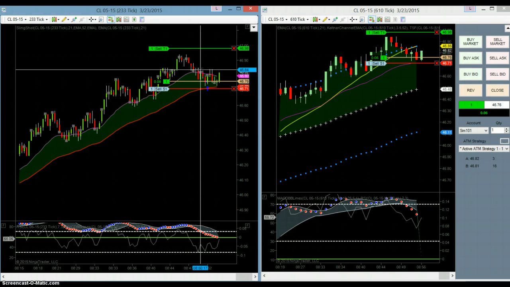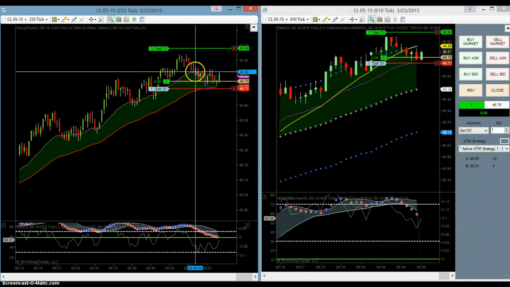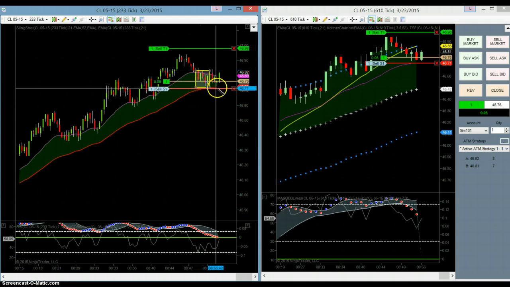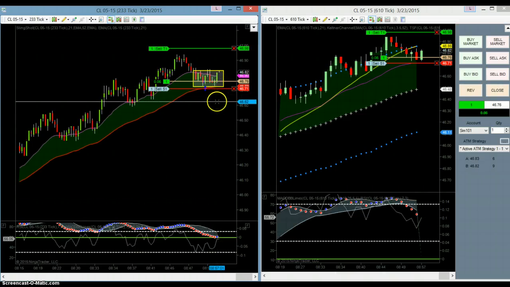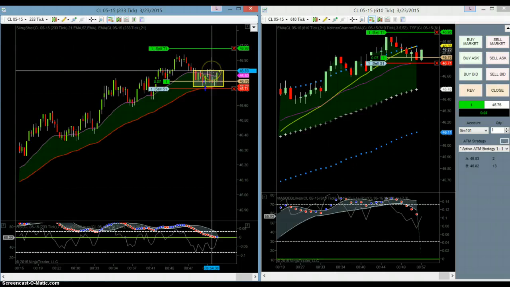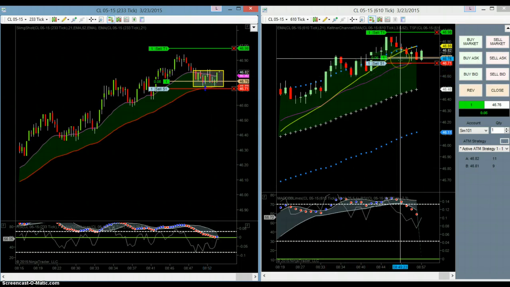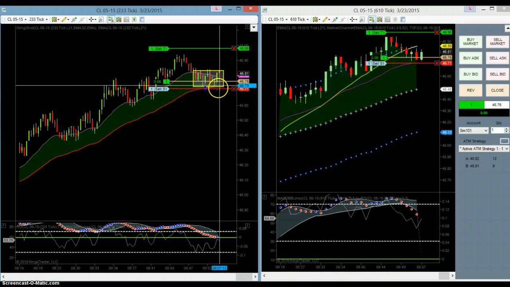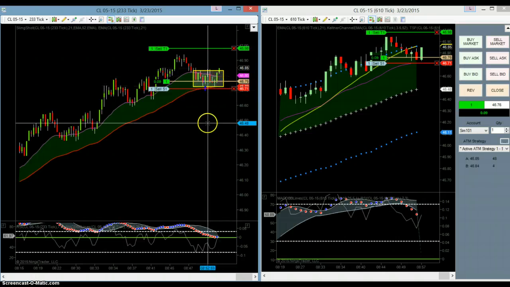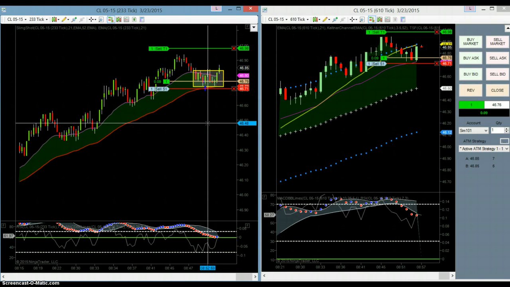Matter of fact, I'll draw a little rectangle here. We can break out of this area one way or the other, which looks like we are set to do right now. I see price working its way up. Like I said, either it's going to come back or it's going to break out of this area, and there's a good chance it's going to break out.